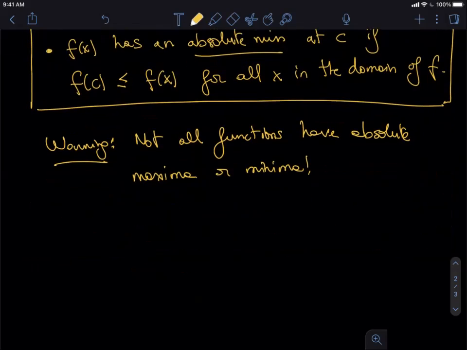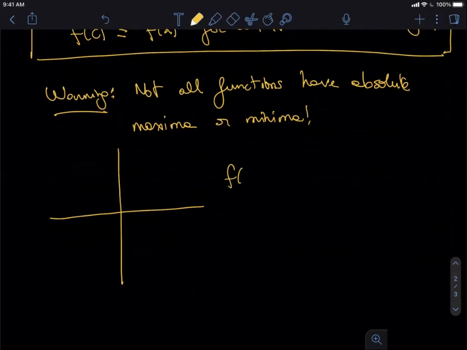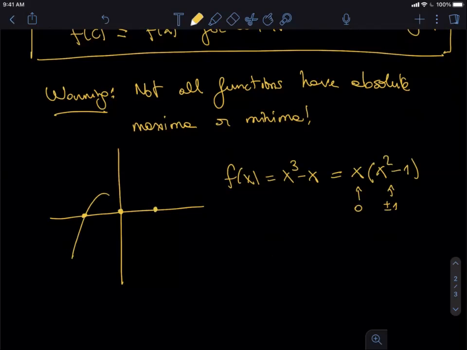Okay, for example, we could have the function f of x equals x to the power 3 minus x. Here we see that the roots are 0 and plus or minus 1, right? So it's going to look something like this. Okay. But what happens here?